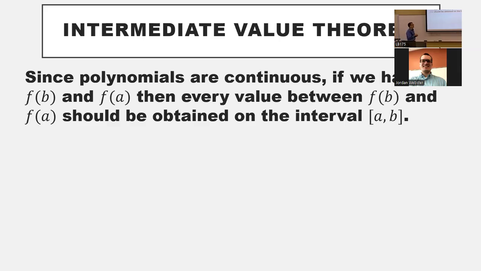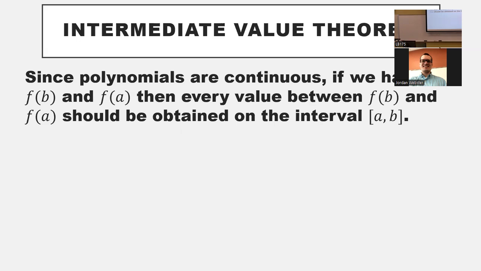Since polynomials are continuous, this is what the intermediate value theorem says. It actually says this for any continuous function, but in particular for polynomials.